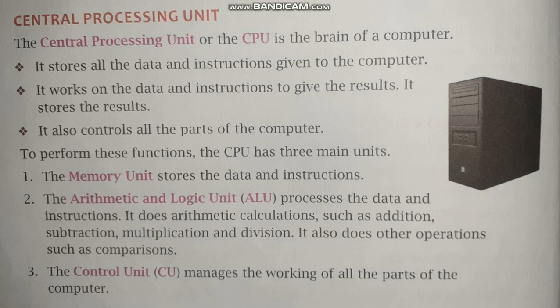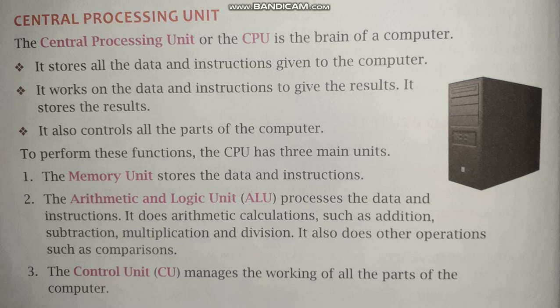Second one, the arithmetic and logic unit. It means ALU. ALU processes the data and instructions. It does arithmetic calculations such as addition, subtraction, multiplication and division. It also does other operations such as comparisons.